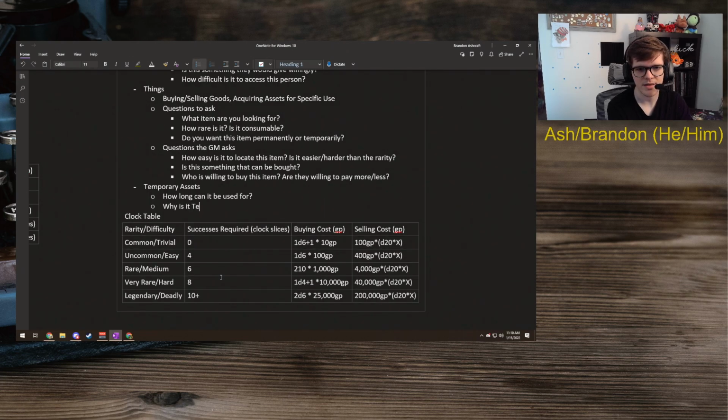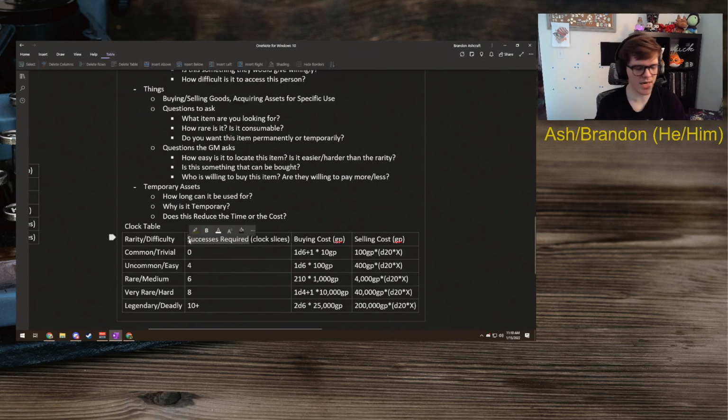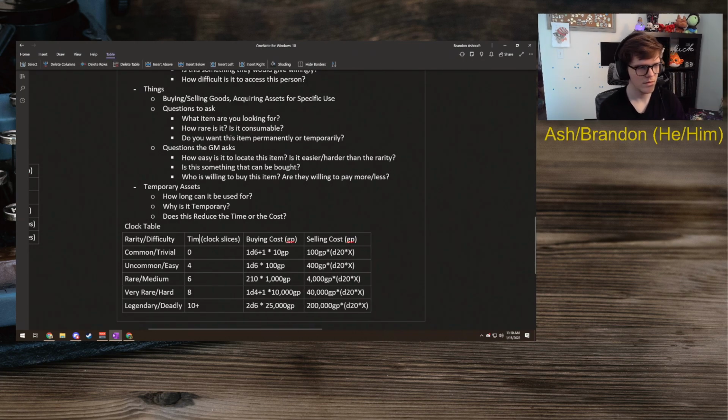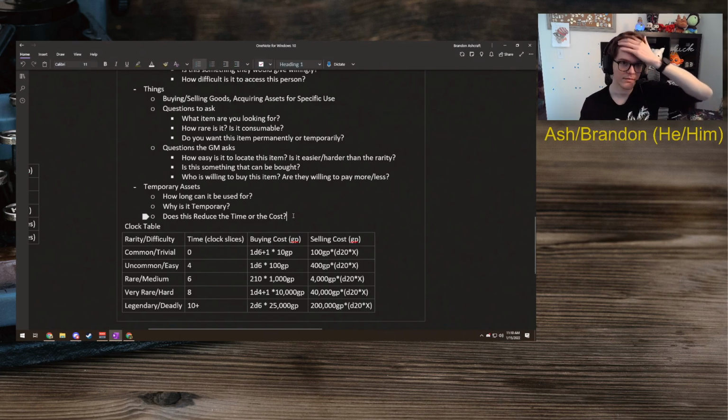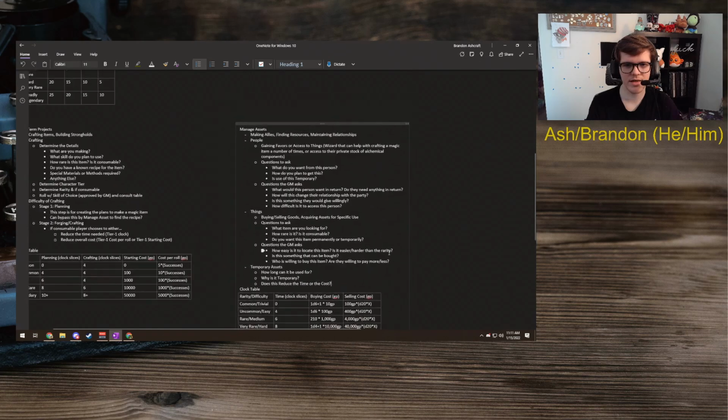Why is it temporary? Does this reduce the time or the cost? I guess this would just be time. So, yeah. I think this is manage assets in a nutshell.